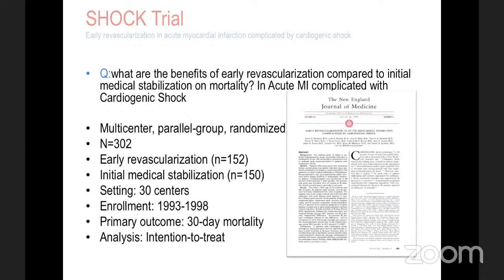Actually, the SHOCK trial is a multicenter randomized trial of around 300 patients, divided into two groups: early revascularization, and the other group initial medical stabilization and then revascularization after 55 hours, at around 30 centers. Enrollment was 1993 to 1998, and the primary outcome was 30-day mortality. Analysis was intention to treat.